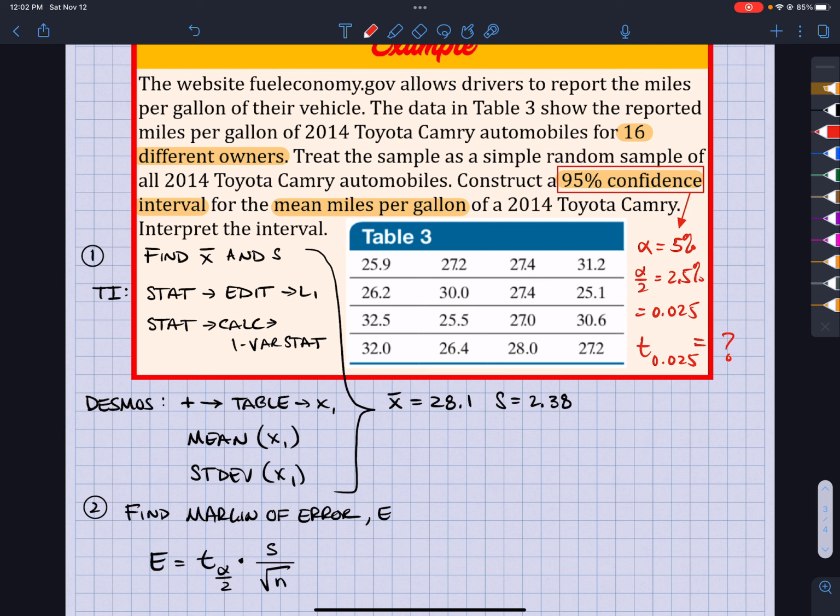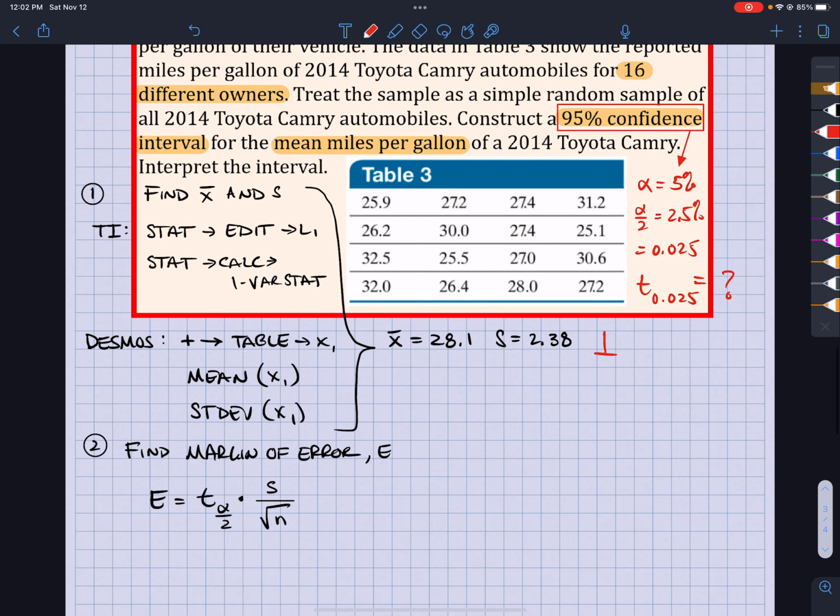So how do we go about finding that? All right, so in a TI, you are going to do inverse t of the area.